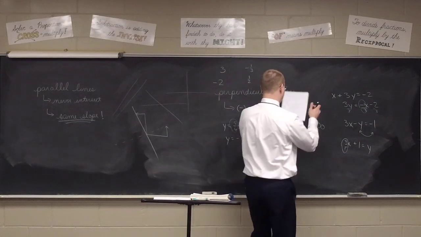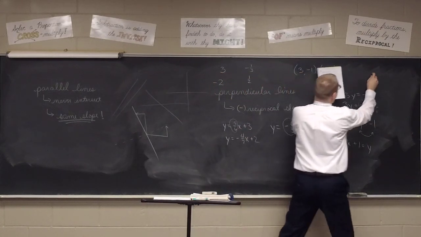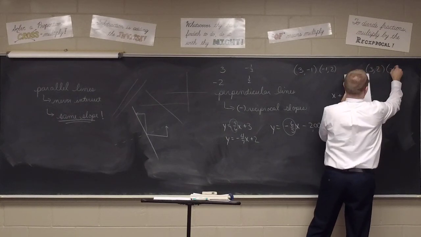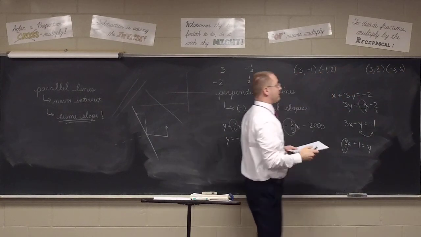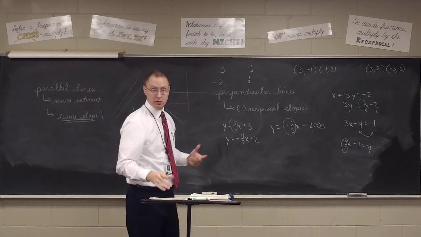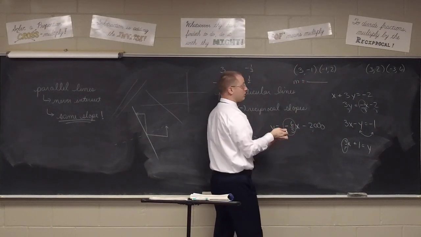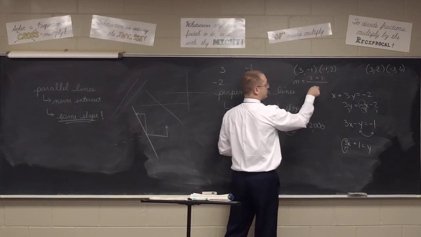How about this? If we had a line that goes through (3, -1) and (-1, 2), and we had another line that goes through (3, 2) and (-3, 6). To determine if these are parallel or perpendicular, we'd have to find the slopes. So let's find the slope. How would we set up the numerator? 2 plus 1 in the denominator?